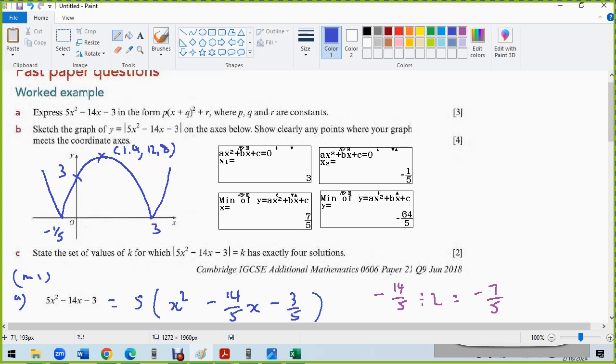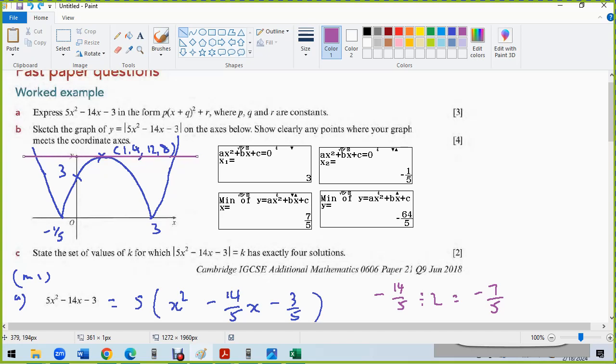So we know that for the graph, we will have 4 solutions in a certain range. If y equals 0, we have only 2. If k is greater than 12.8, then we have 2 only. When it is 12.8, then we have 3 only.